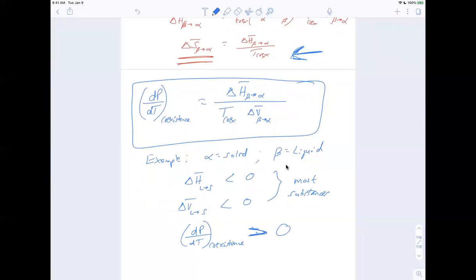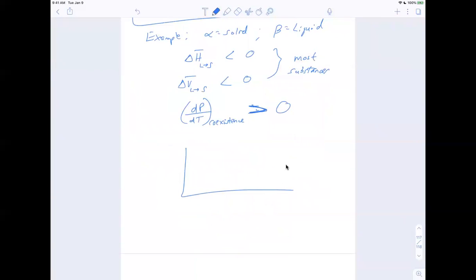So what this is saying is, for most substances, this is our solid. Since dP/dT at coexistence, to go from liquid to solid, or we can use this to mean liquid-solid equilibrium, this slope is going to be positive. So here's our solid, here's our liquid, here's our vapor.